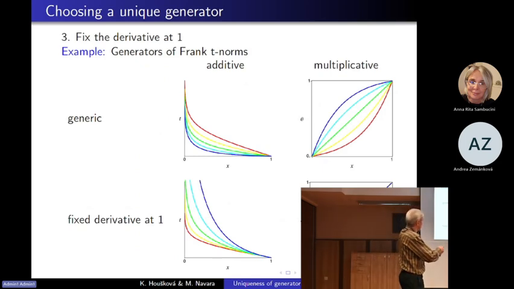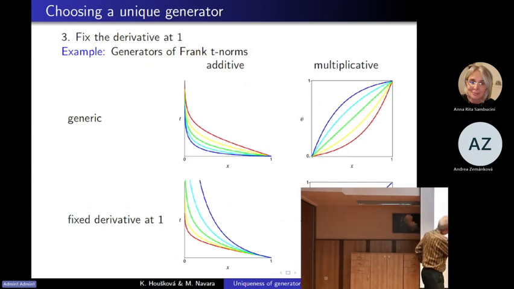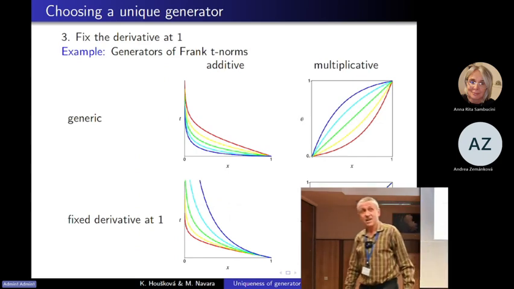The generic form is this one. If we fix the derivative at 1, we get this nice picture, which says that depending on the parameter, we go from this to this. Again, notice that the order was interchanged.